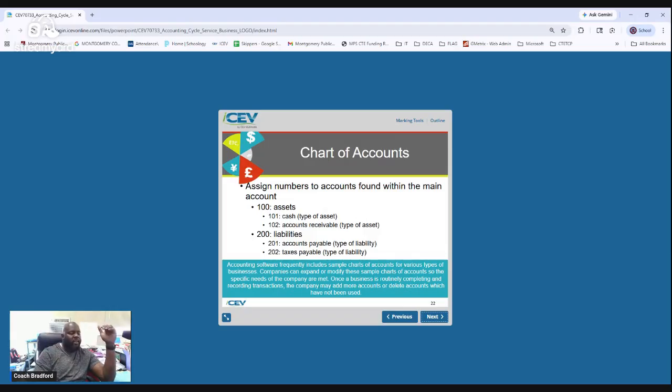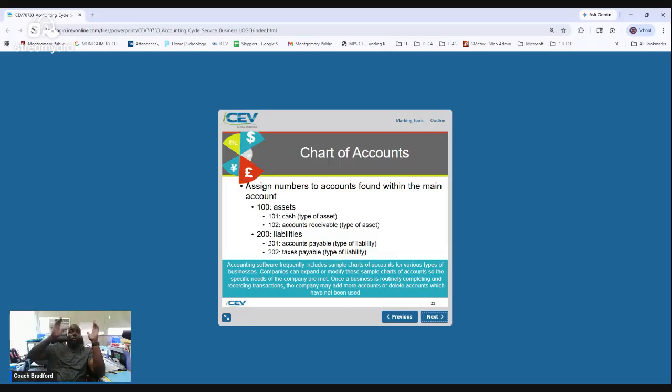So if it's an asset, assets are 100, then 101, 102, 103, 104, 105 will all be different types of assets. Slow down. 100, my big category, assets. And I have different types of assets that I'm going to record stuff for.